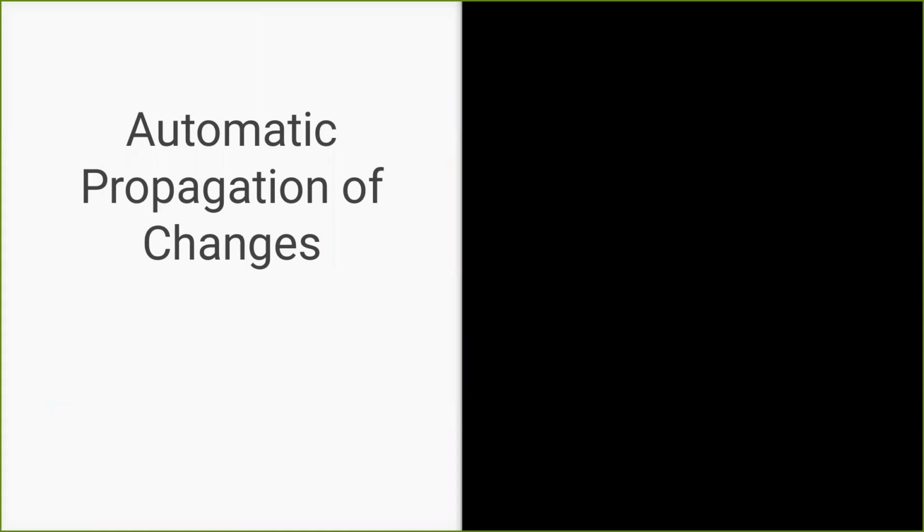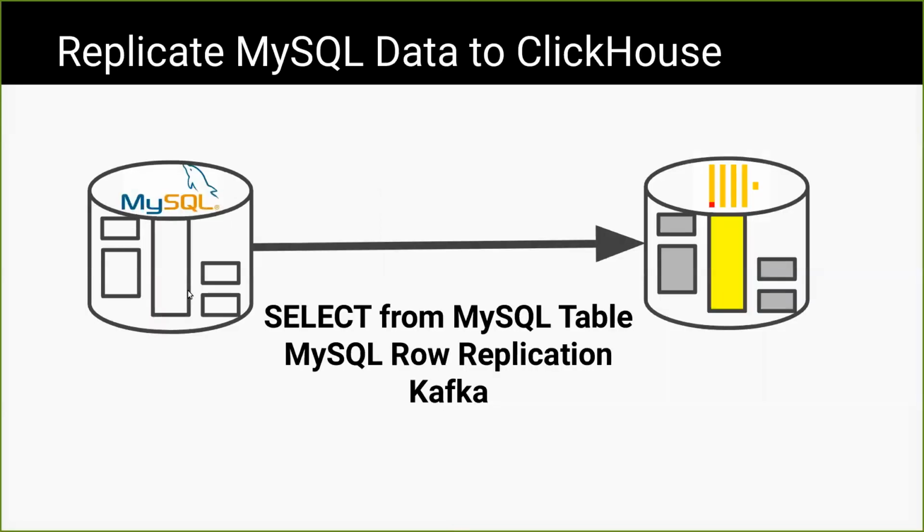That's important because MySQL is going to be running and processing transactions, and as those transactions are processed, any relevant data that needs to go over to ClickHouse, we'd like it to come over as efficiently and as simply as possible. So that's where we get into looking at ways to replicate MySQL data into ClickHouse.